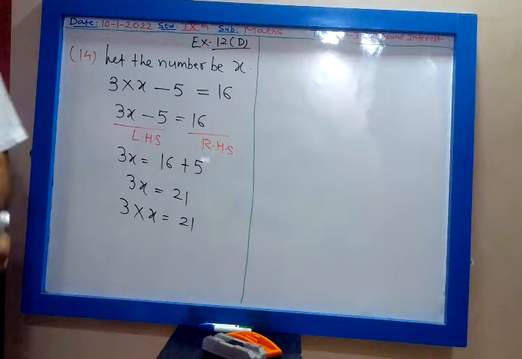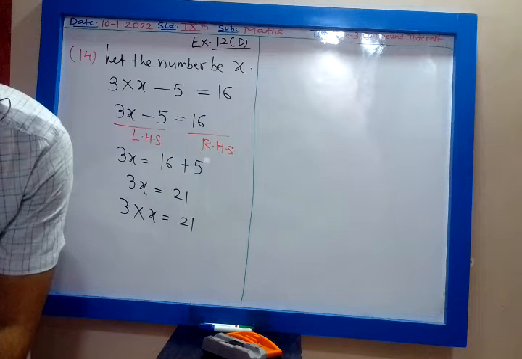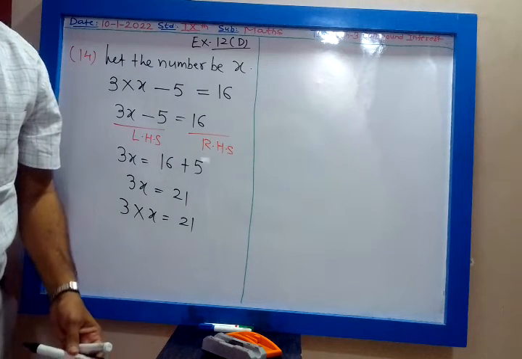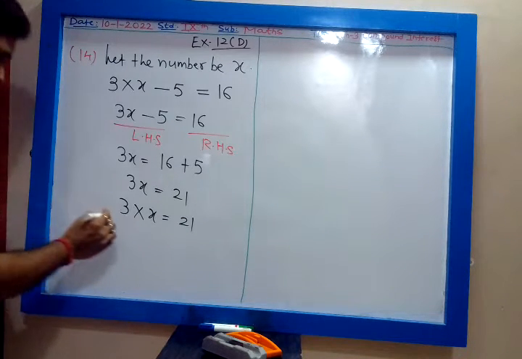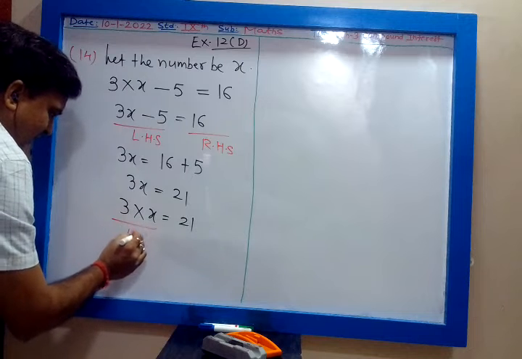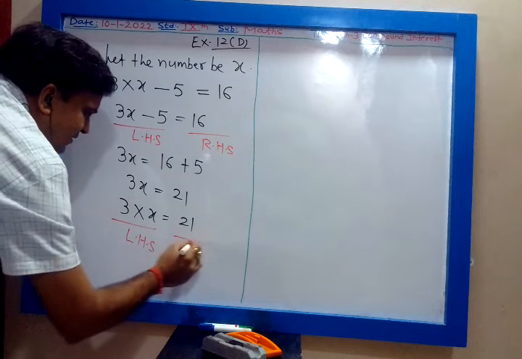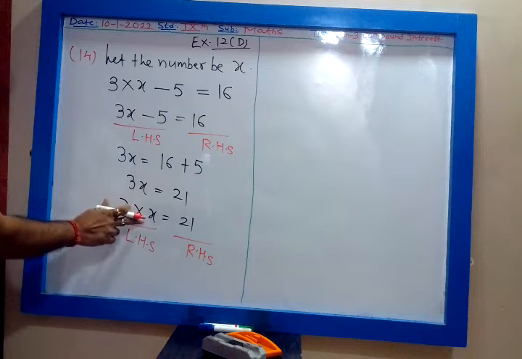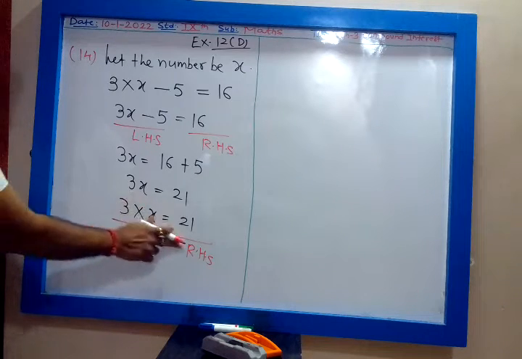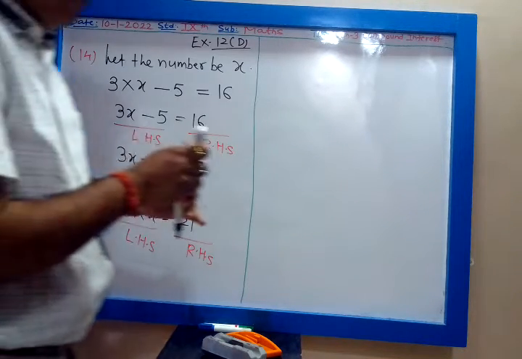So again we have left hand side and right hand side. Screen is clear, my dear. Now on the left hand side 3 is there in multiplication. So when I take 3 to the right hand side, 3 will go in division.